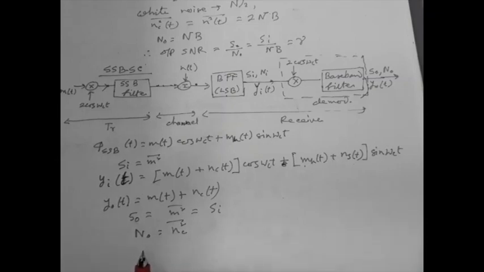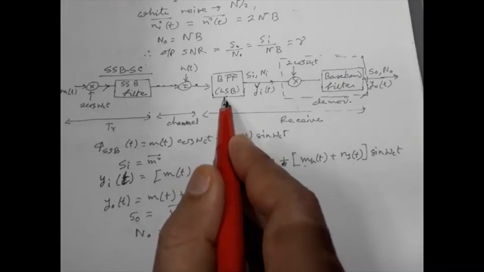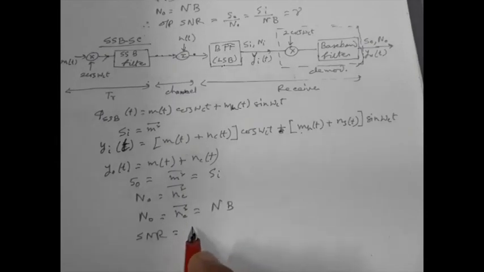Now assuming we have only the lower sideband, N_o equal to n_c² bar, that is equal to ηB. So the output SNR, S_o by N_o, is equal to S_i by ηB, that is again equal to gamma.